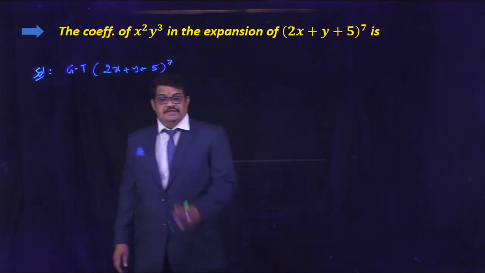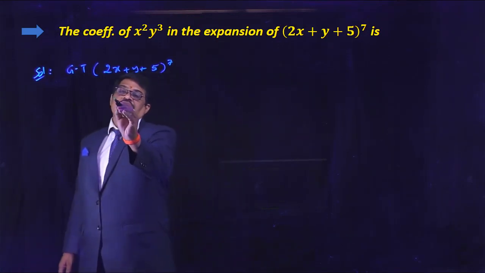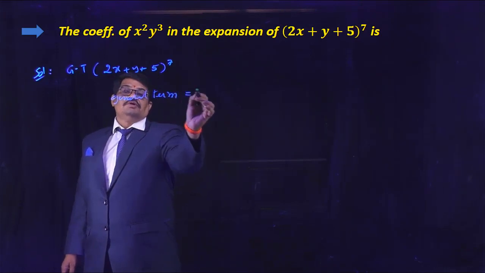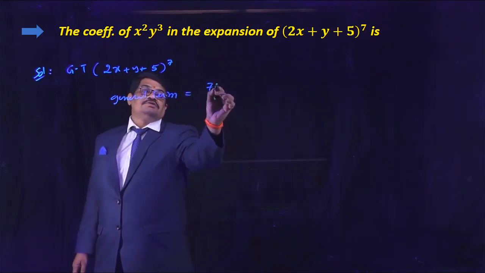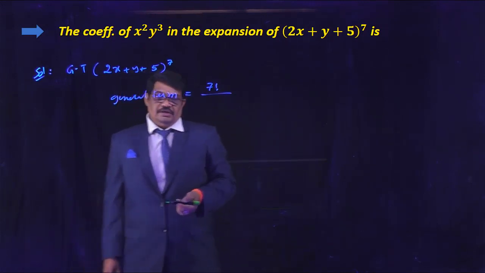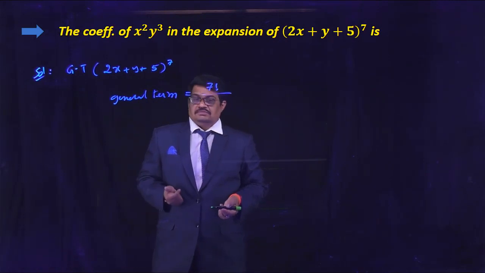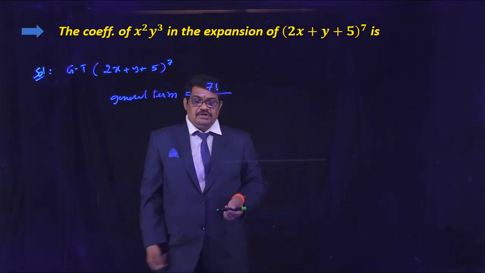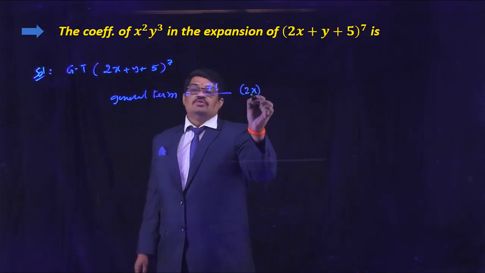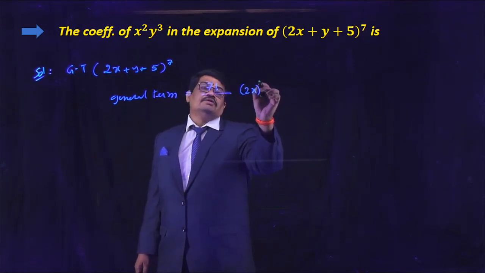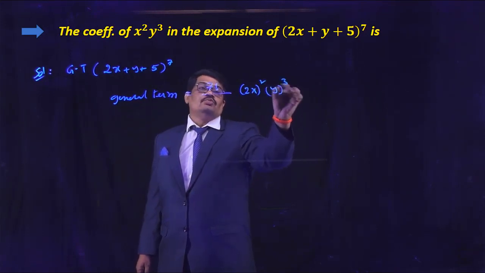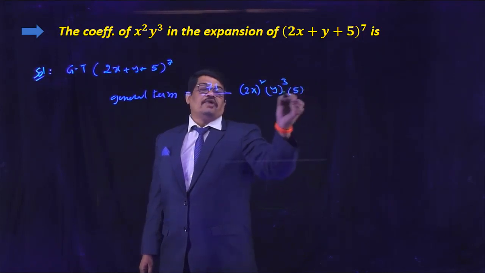Now we are writing the general term. The general term is equal to, here n is 7, 7 factorial by, since we are finding the x square coefficient, we write the first term 2x whole power 2, and y power 3, that is the second term y cube, into the third term 5.